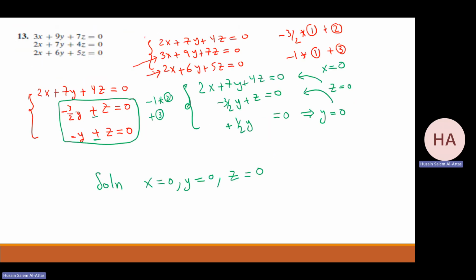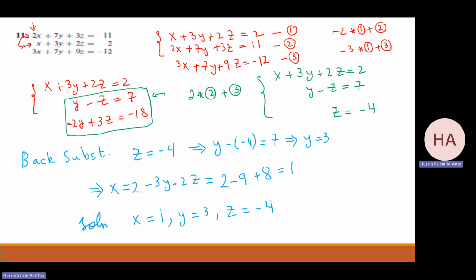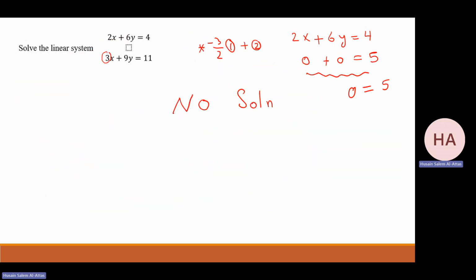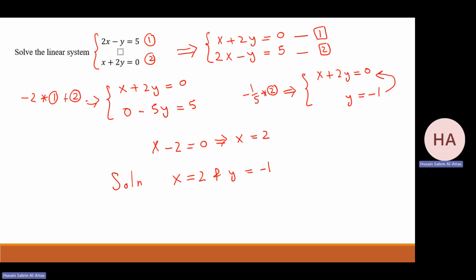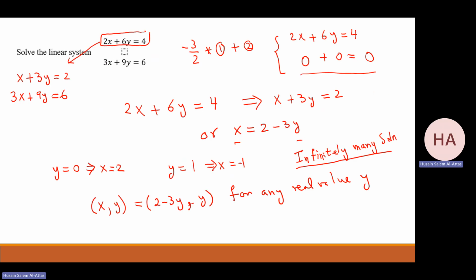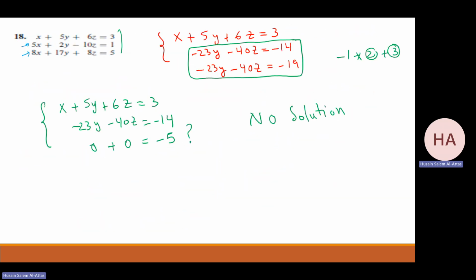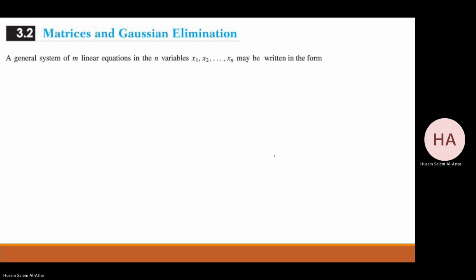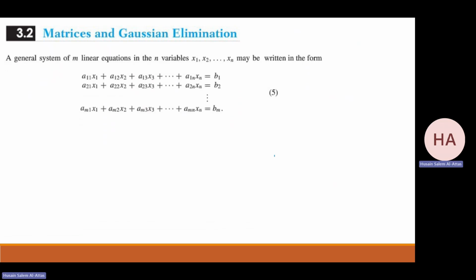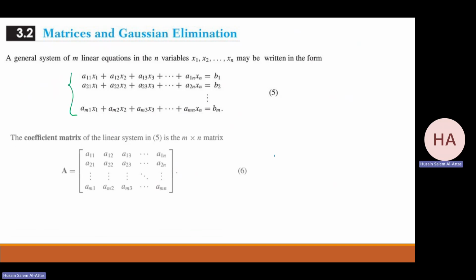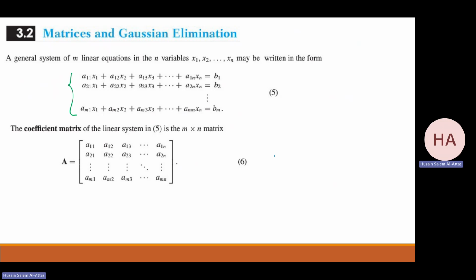Now let me move to Gaussian elimination. This procedure, the elimination, is exactly the procedure which we did. First, I need to get rid of this coefficient, like what we did. We can do it for the matrices, the same thing exactly. I will show it now to you. If you have this system of equations, we can write it in matrix form, where A is the coefficients of x1, x2, x3, xn arranged.